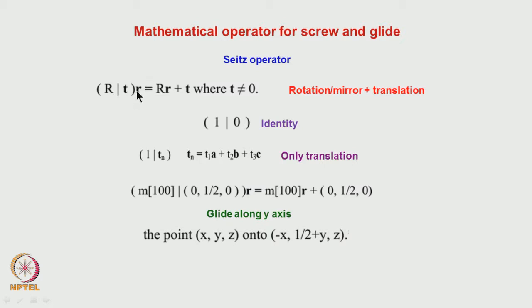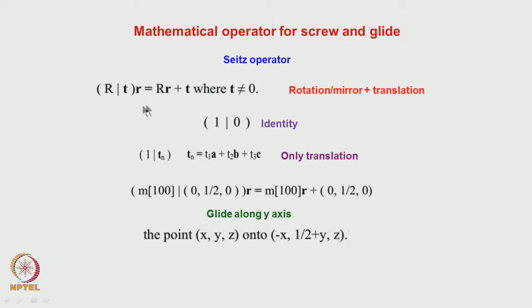This small r represents the position of the motif or the lattice point, and R represents the type of symmetry operation. t represents the translation which is associated with the symmetry operation.